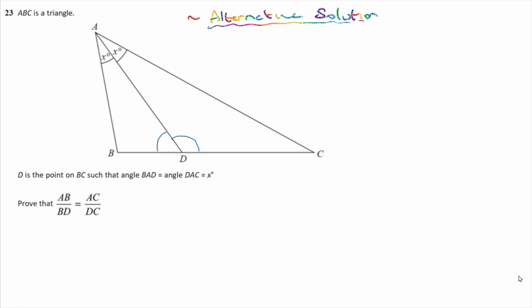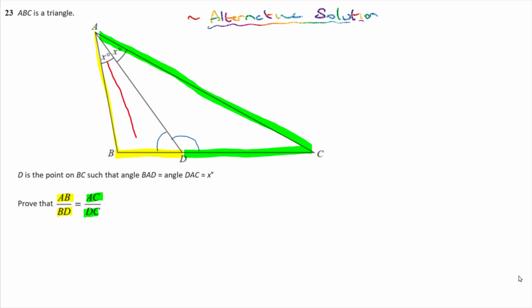So if you remember, we were looking at the ratio of AB over BD, which is this side over this side, compared to AC over DC, which is this side over this side. Okay, now you might notice that one of those sides is opposite the given angle there, and so is this one.